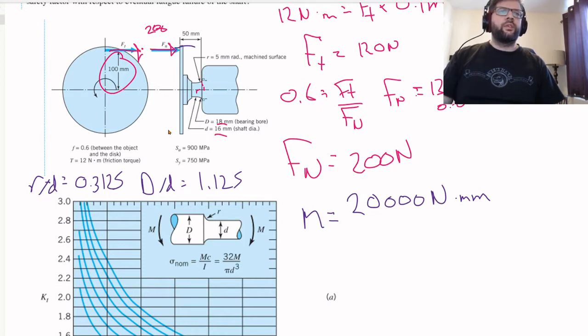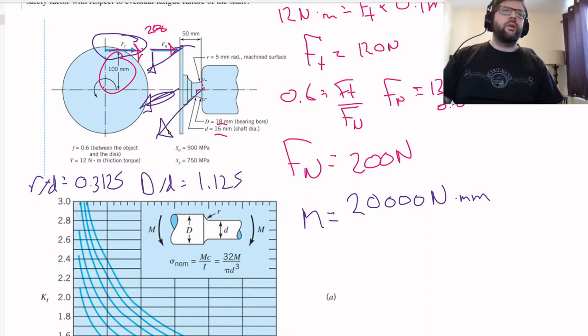We've also got this force here, and that one is also going to be causing a bit of a bending moment as well. Basically, that's acting out this way. So the 200 Newton force is going to be causing a bending moment about this axis.